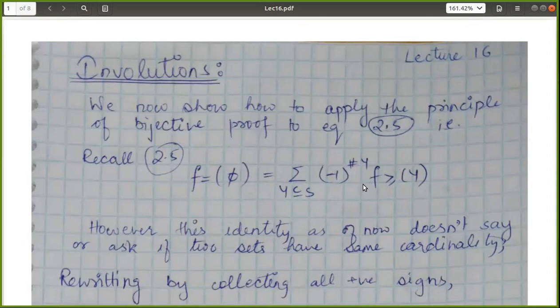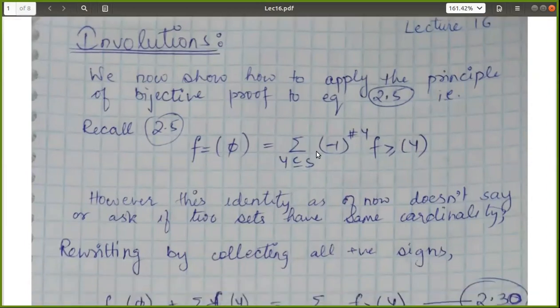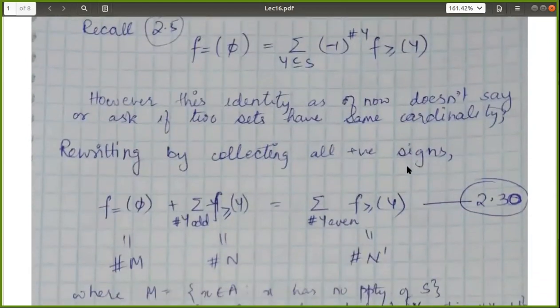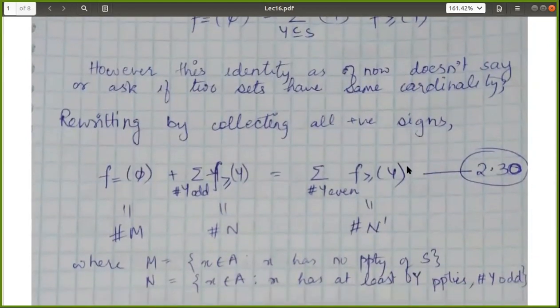So to put it in the form which we can deal with, we put the elements which are coming with a negative sign on the other side of the equality, so that both sides will only have summations. So rewriting with all positive signs on both sides, what you finally get is this.